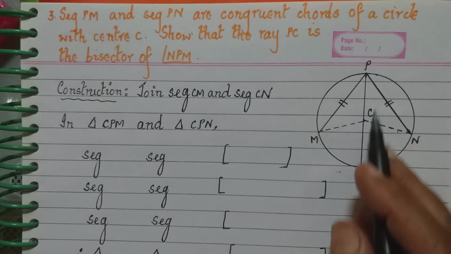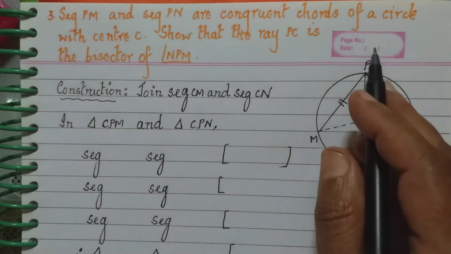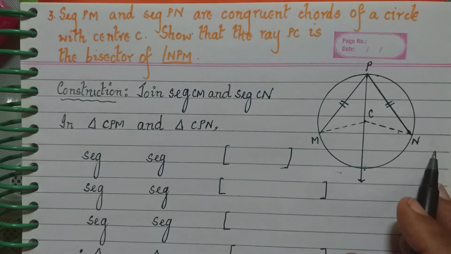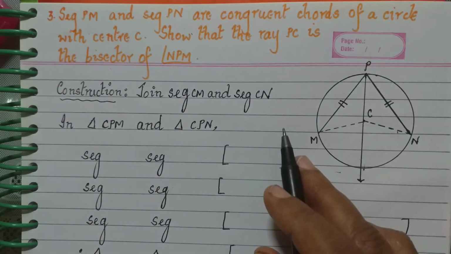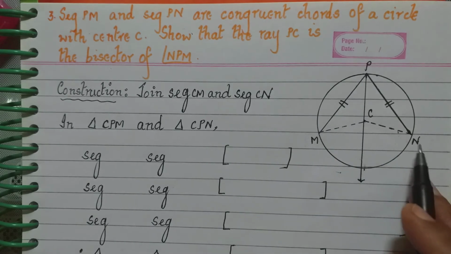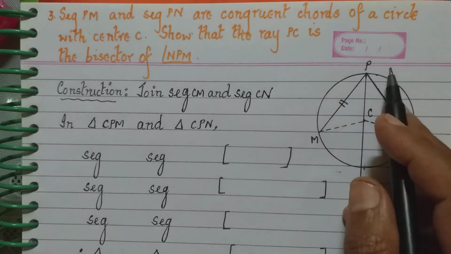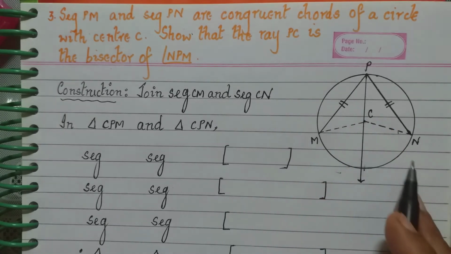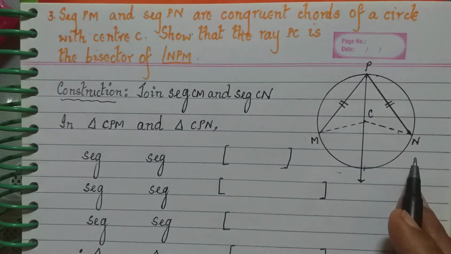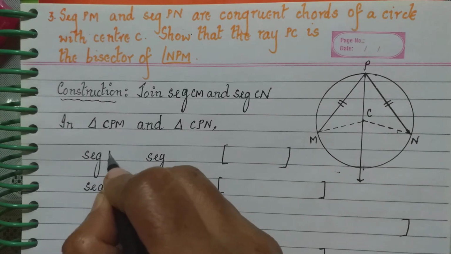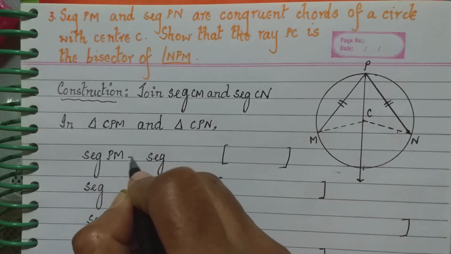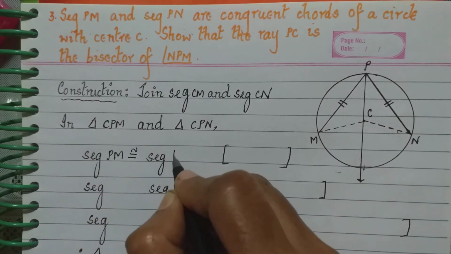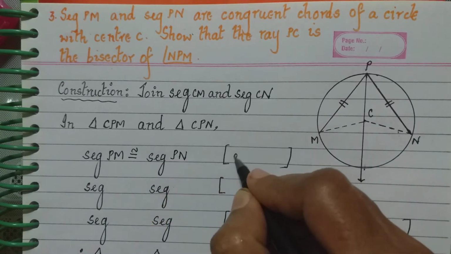Now we consider triangle CPM and triangle CPN. They have already given that segment PM is congruent to segment PN, so we write segment PM is congruent to segment PN, and that is given.